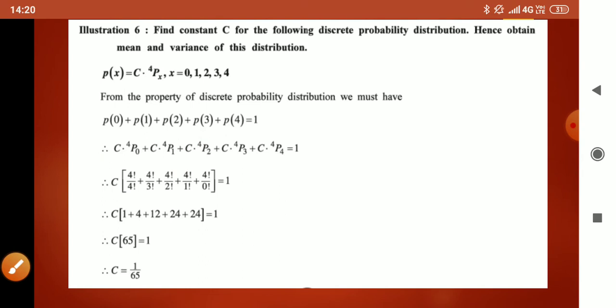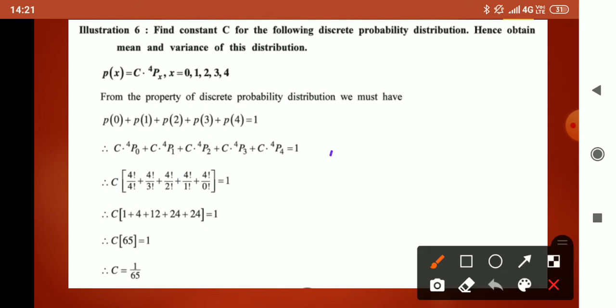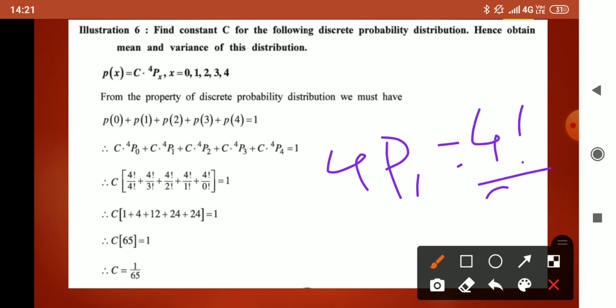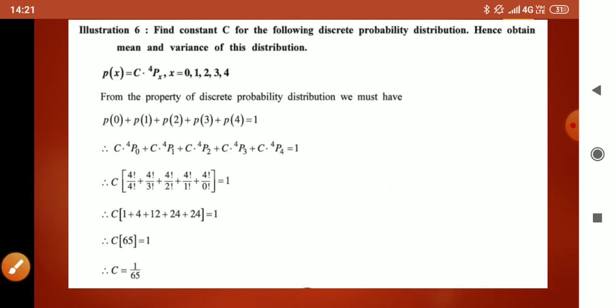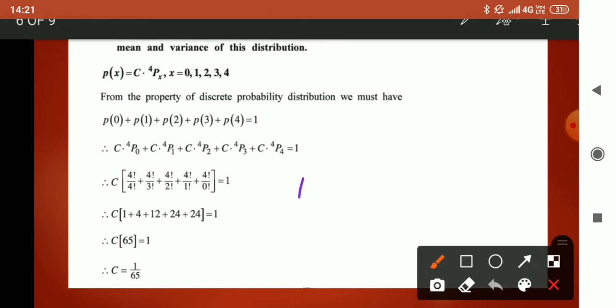So you have to find the permutations, which we have already learned. 4P0 means 4 factorial, 4P1 means 4 factorial upon 3 factorial, 4P2 is 4 factorial upon 2 factorial, that you already know. 4P1 is equal to 4 factorial upon 4 minus 1, that is 3 factorial. What is 4 factorial? 4 factorial is 24.